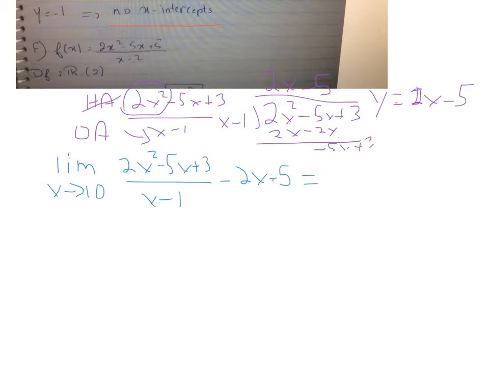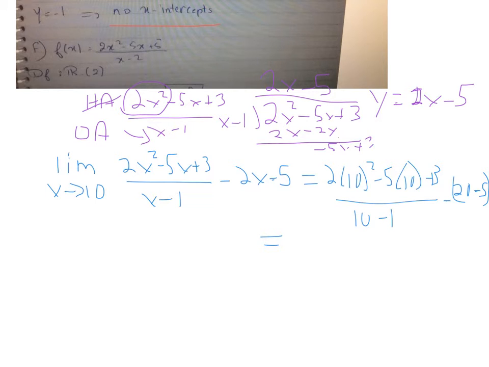So if we substitute 10 into our equation, then we get 200 minus 50, so we have 150, plus 3 is 153 over 9 minus 15.